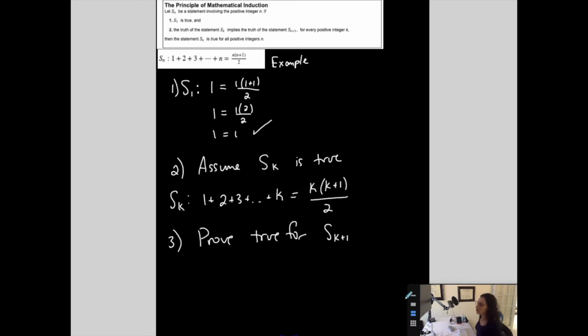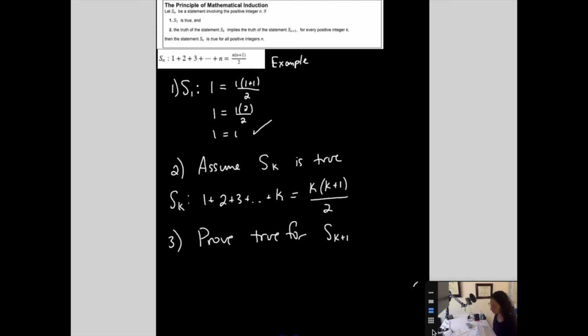So here's the cool part of this. This is the part that I like. This is where the tricks come into play, and you might have some algebra manipulation, that's the fun part. So Sk plus 1. So let's write this out. So I have 1 plus 2 plus 3 plus all the way to k, and then plus k plus 1 is the next term after the kth term, true?